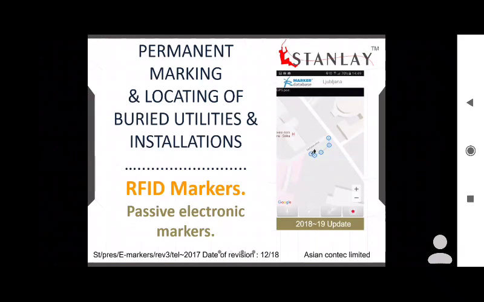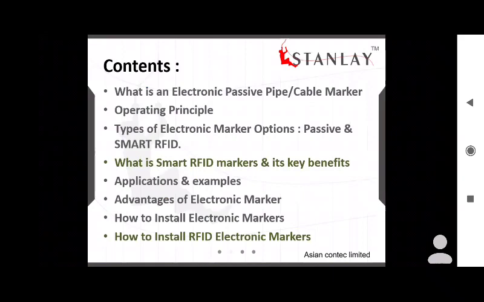Okay. So as I was talking about these markers, these are very essential markers. These are electronic markers and RFID markers, each marker having its own individual number. And these markers can be installed along with cables or can be installed when fault location is done in terms of jointing or any other fault.